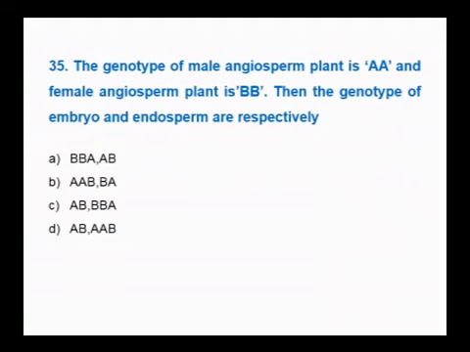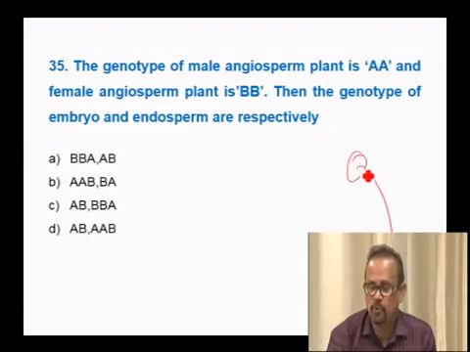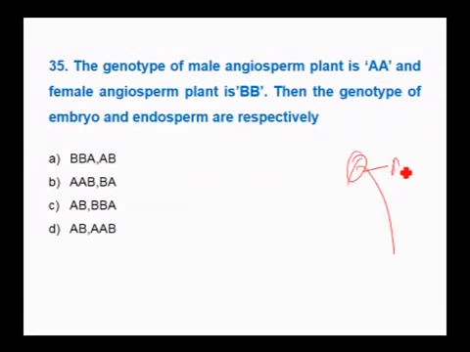Next question, the genotype of the male angiosperm plant is A. So this is diploid number A, and the genotype of the female plant is, in the embryo sac we have B, therefore haploid number B, polar nuclei BB, egg B, synergids B, that is haploid.